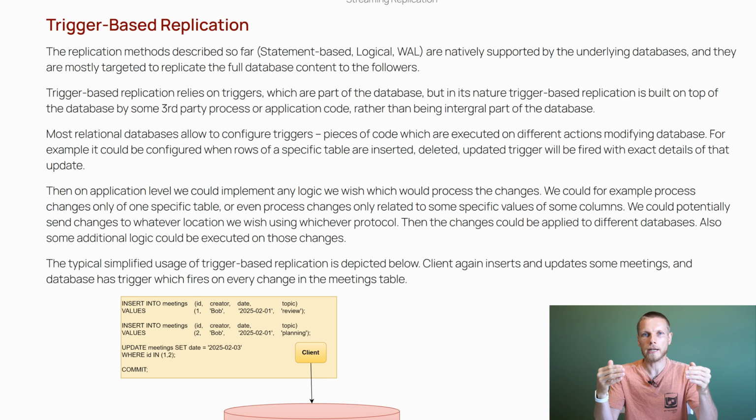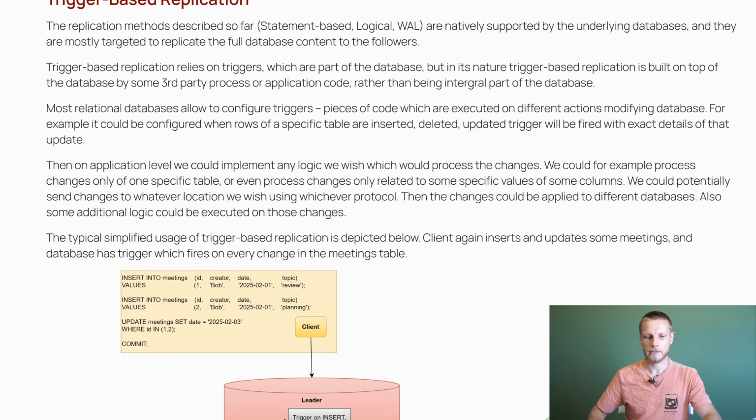And this trigger can have a stored procedure which can basically execute any logic. Those triggers are internal database functionality, and we can just use them. We can write custom triggers which would catch all changes to the data, and they could trigger transfer of this data to some external sources.